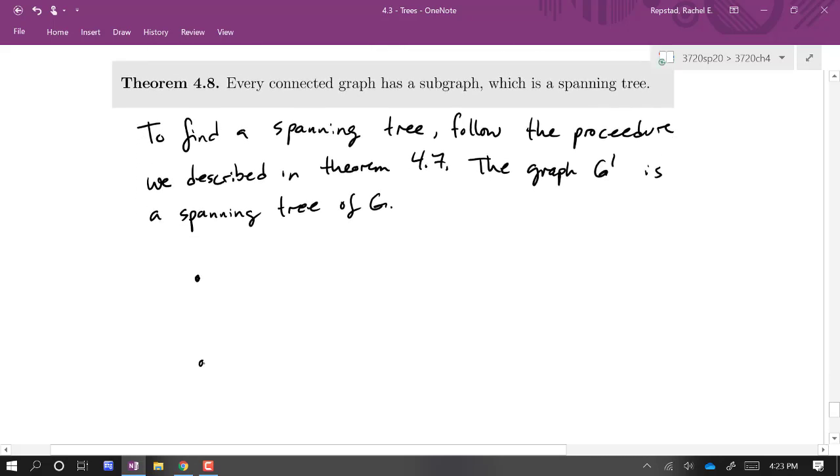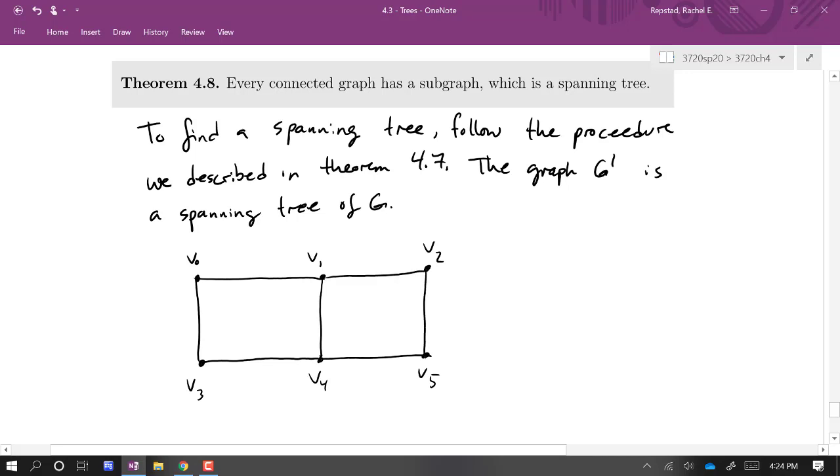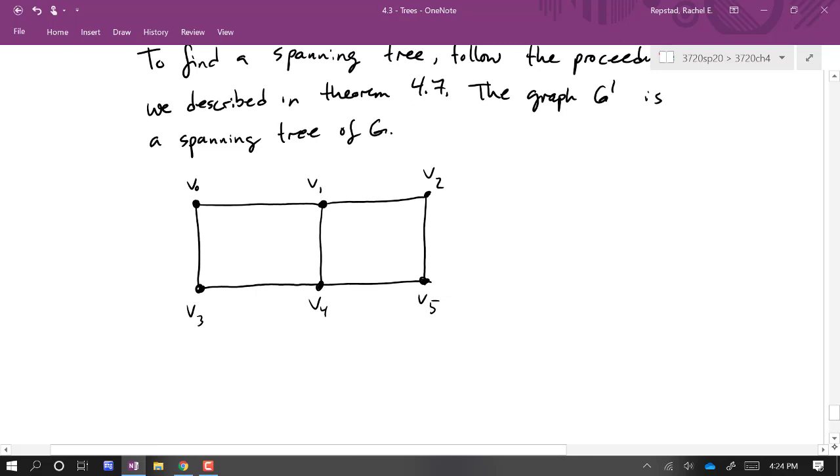So a quick example. Here's a graph. I'm going to draw a graph here with 6 vertices. So it's connected. Every connected graph has a spanning tree, and we're just going to go through the procedure here. This is not a tree already. It's definitely got cycles. So in one iteration, I'm going to identify a cycle.